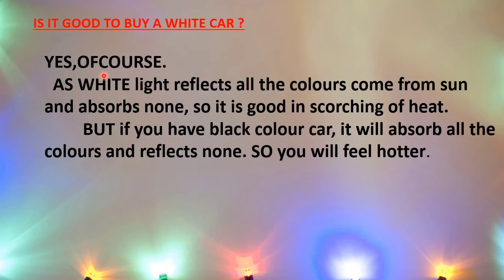Well, the answer is of course yes, as white reflects all the colors that come from the sun and absorbs nothing, so it is good in scorching heat. But if you have a black car, it will absorb all the colors and reflect none, so you will feel a lot hotter.